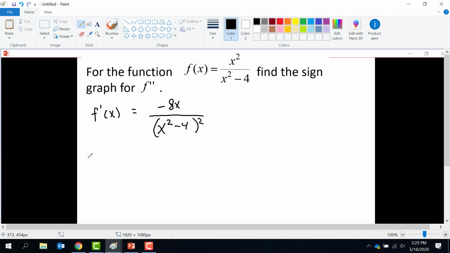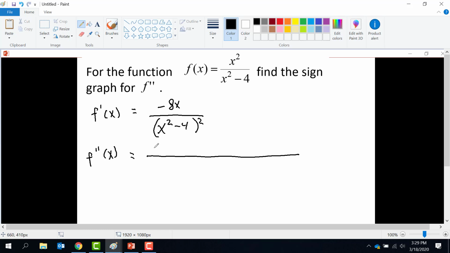To find the second derivative, we're going to use the same trick. We're not going to expand the denominator, which would make things more challenging and tedious. Instead, we're just going to go ahead and use the quotient rule and the chain rule.